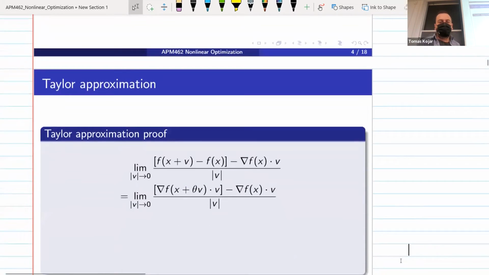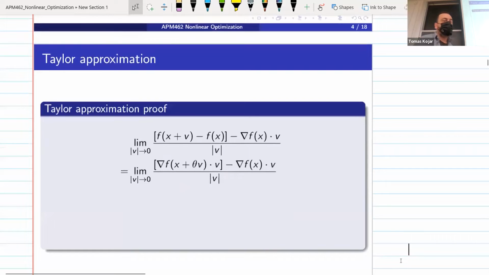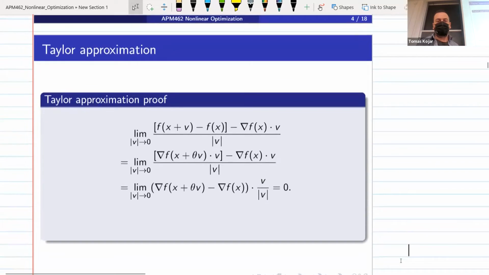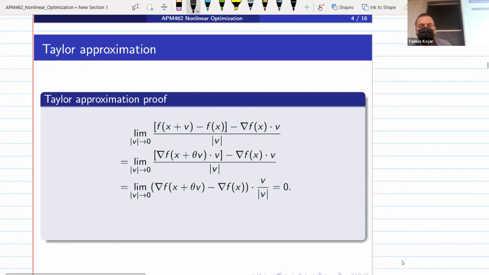Yeah, I mean, we did this 2 days ago. So again, I apply the mean value theorem. I have a common factor v, which I factor out. So I factor out the gradient dot v divided by its norm. Okay. And then can someone tell me why it is 0 from here? What property are we using for F? Yeah, exactly.